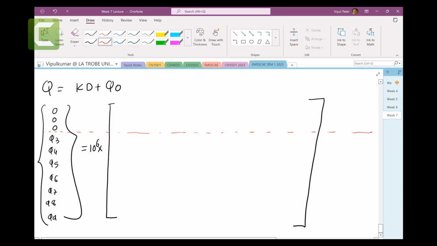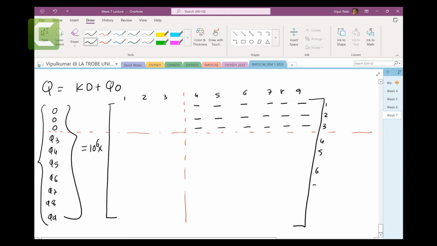If I want to write 1, 2, 3, 4, 5, 6, 7, 8, and 9, in these partitions we can draw the line from 3 as well. We don't need to write this one because we're not going to use it. If you are smart, you can do it in your assignments or in your final exam, so it will save your time.